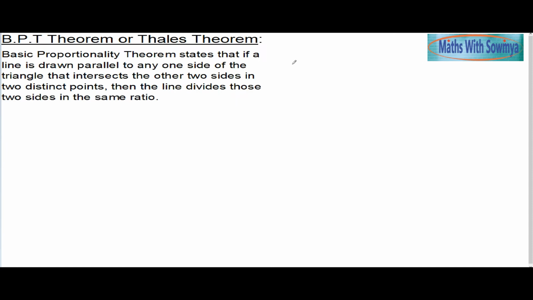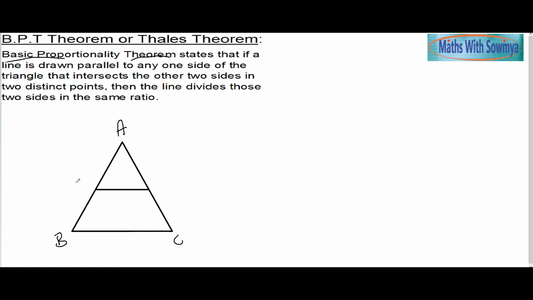This can be called Thales theorem or also the Basic Proportionality Theorem. What does this state? Whenever you take any triangle and a line parallel to one side of the triangle, this parallel line divides the other two sides in the same proportion.